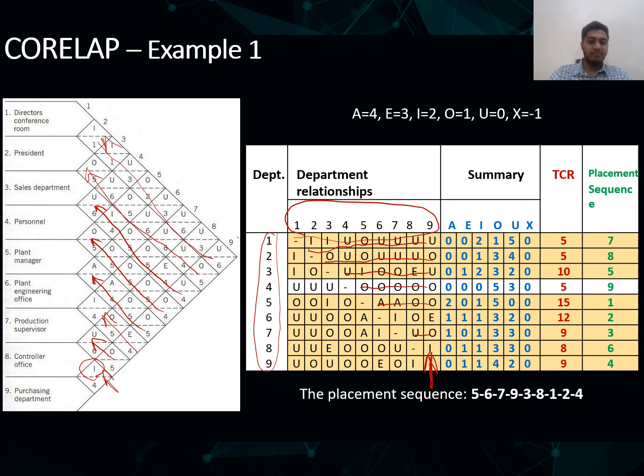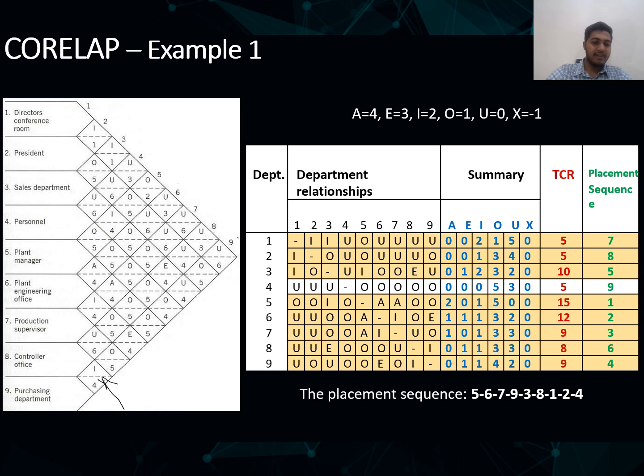So let me repeat once again. Let's start from here: I, O, U, E, O, I, double O, double A, 5 O's, U, E, O, O, I, U, then O, U, U, U, O, U, O, then 4 U's, 1 O, 1 U, 2 I's.